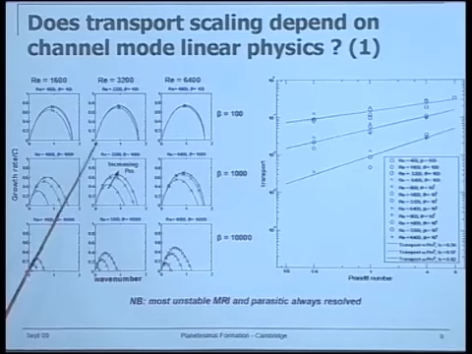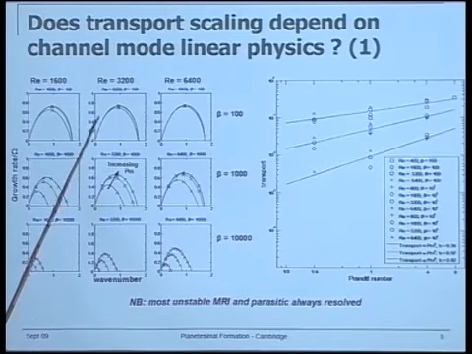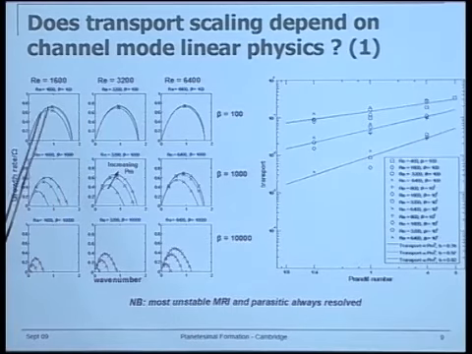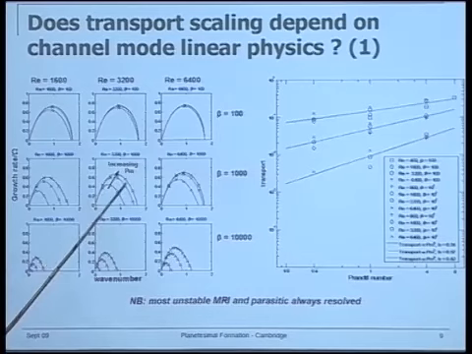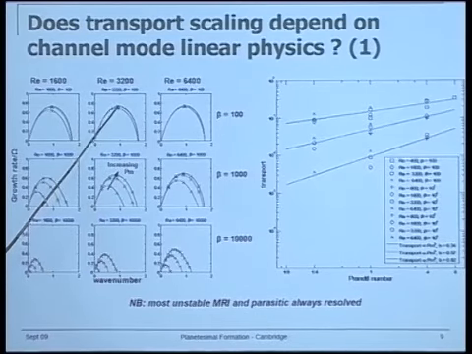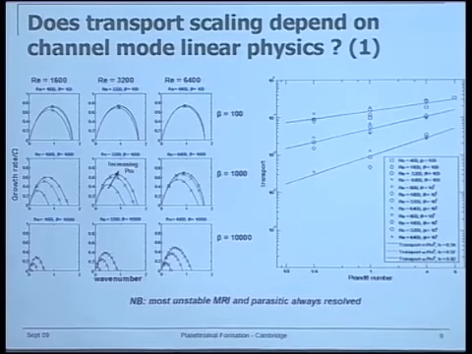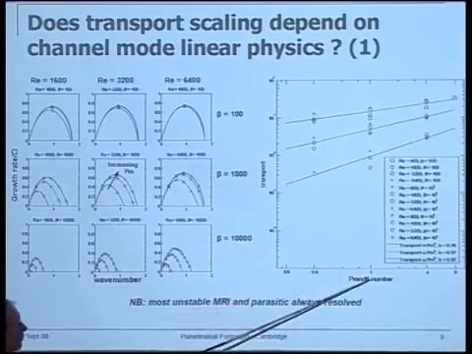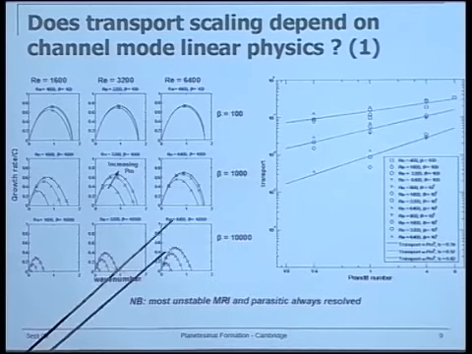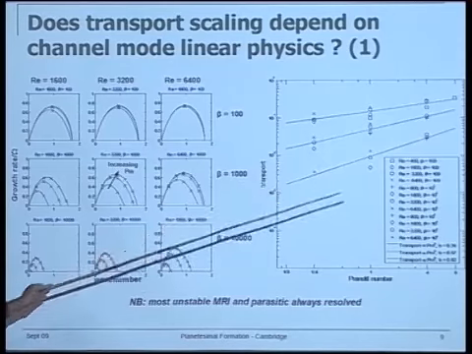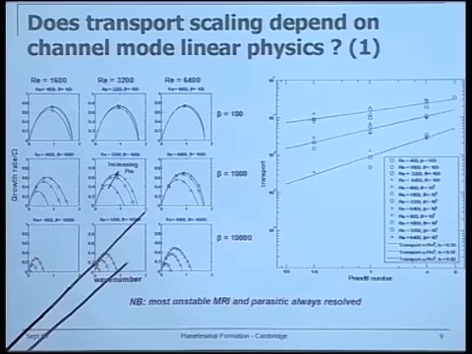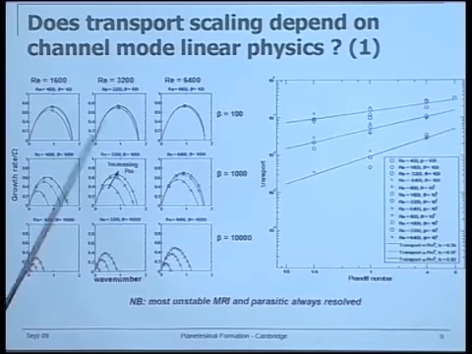This is the wavelength of the channel mode. This is their growth rate. And there are 3 different curves per plot. They correspond to 3 different Prandtl numbers, the ones which have been looked at. So that kind of covers all the growth rates that are going on here. And the crosses are the modes which are actually present in the box.